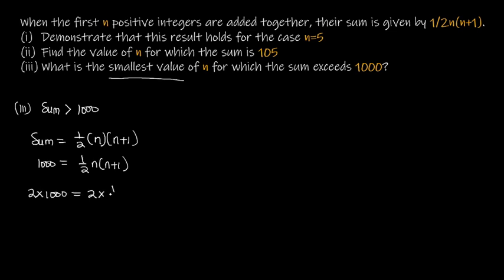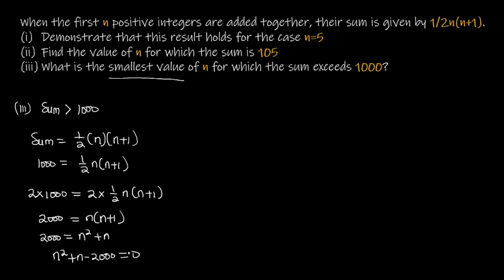So 2 multiplied by 1,000 gives 2,000, which is equal to n (n plus 1). So I have 2,000 equal to n squared plus n, and this gives me n squared plus n minus 2,000 is equal to 0.